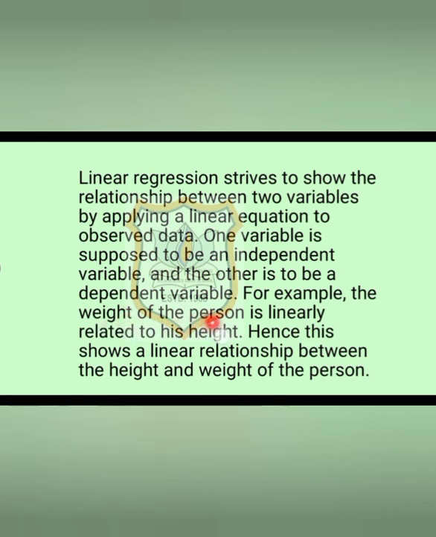Let us see an example. The weight of a person is linearly related to the height. What is the meaning of this? If the height of a person is more, it is expected that the weight of that person is also more. That means as height increases, the weight also increases, and if height decreases, the weight also decreases. So this shows a linear relationship between the two variables.